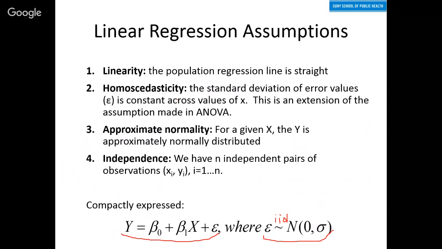Let's say we're talking about the heights of adults, and it's a mixture of men and women. Sex is a predictor of height, so you might see something that looks like a bimodal distribution before you include sex as a predictor of height. So that's an example of where the residuals would be normally distributed, but y is not.